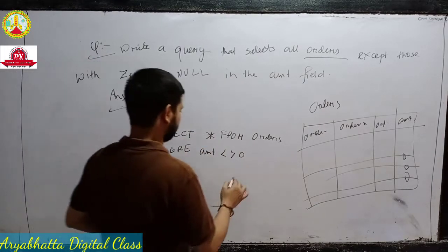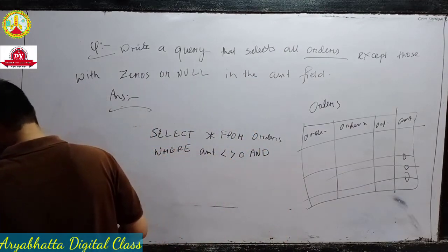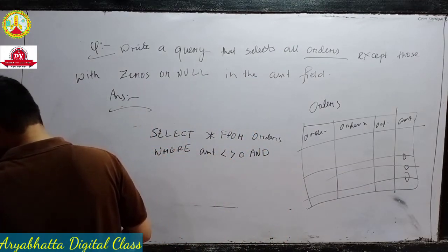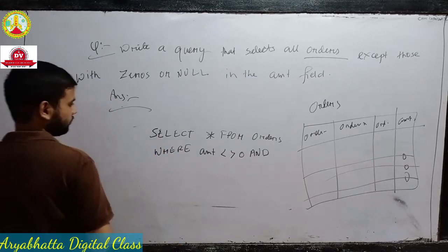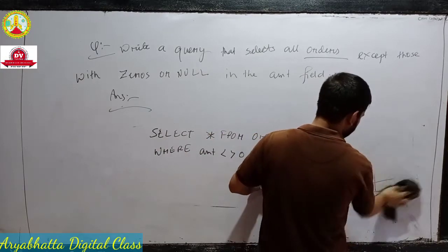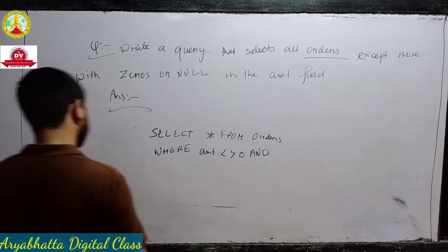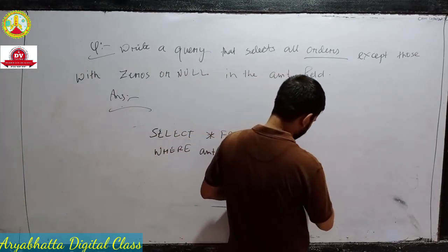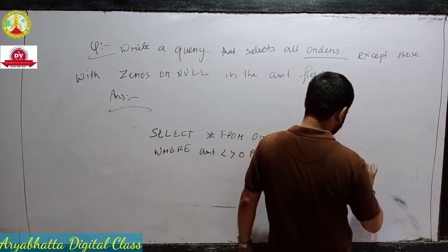And yes, amount is not null. That which is not null will be accepted, will be included. The amount attribute, the field, is not null.